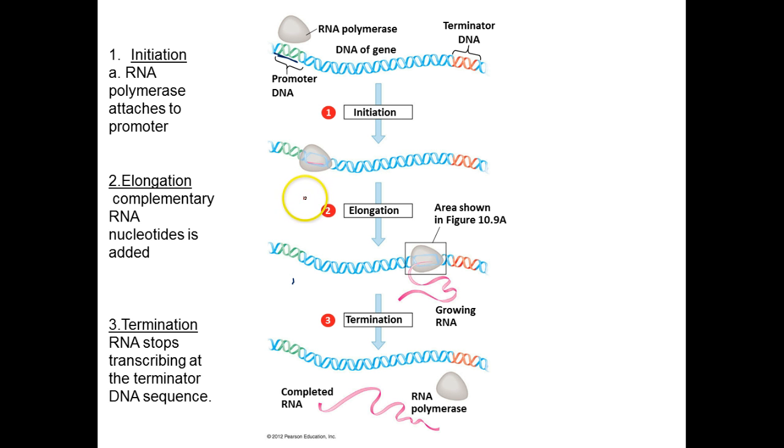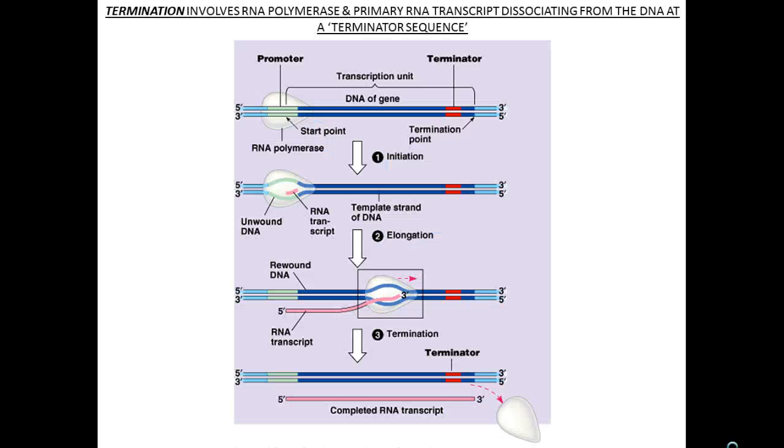Wherever you have an A, a U will come in, and wherever there's a C, a G will come in, and so forth. Then when it hits a series of nucleotides called a terminator, which tells it this is the end of the gene, the RNA polymerase is released, and you have a completed mRNA. Again, this is a simplified version of transcription.